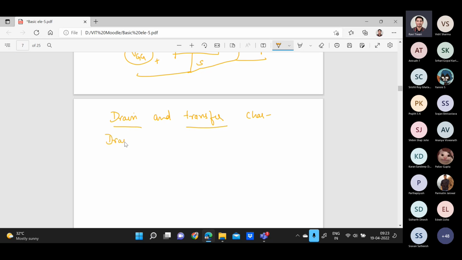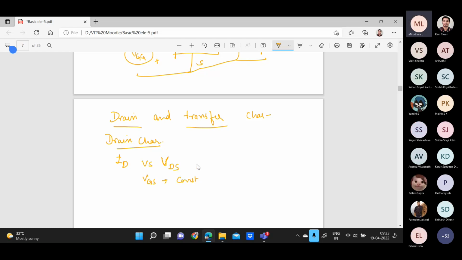In the drain characteristic, the graph will be between ID versus VDS, the voltage across drain to source, where VGS is constant. Sir, can you explain the construction of the N channel again?